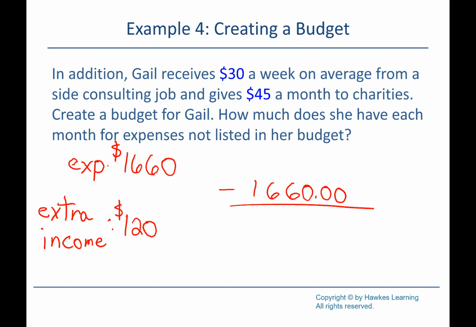So plus 120 a month from her side gig. Okay, so now we can subtract. That's what you've got left over.